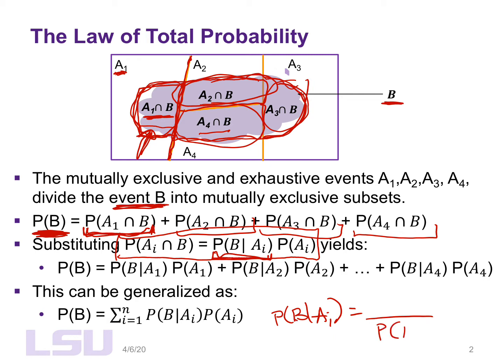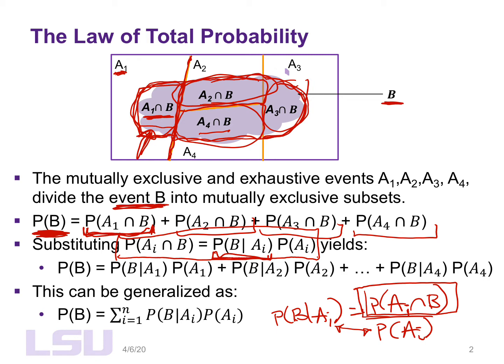It means you're going to be dividing by Ai, what is given, and the numerator is going to be Ai intersection B. And that's precisely, so you can make this the subject of the equation, and you get the probability of this intersection is this product, which is what this is.